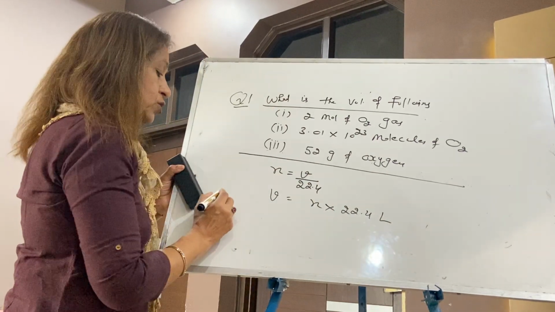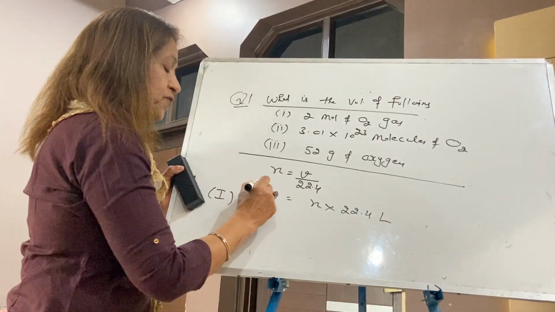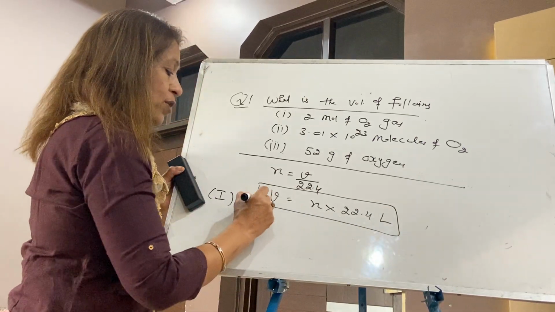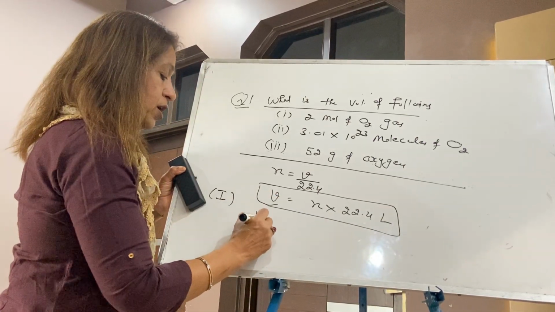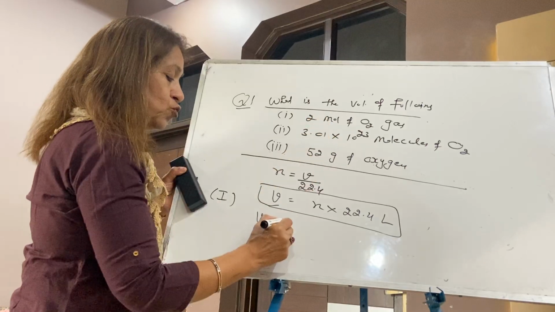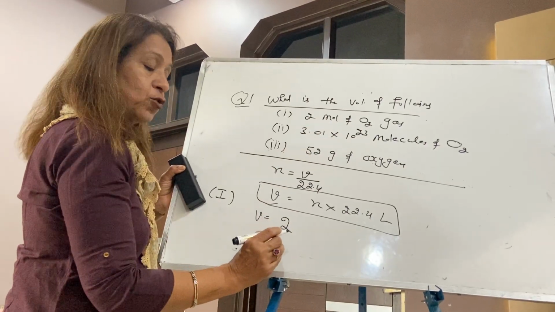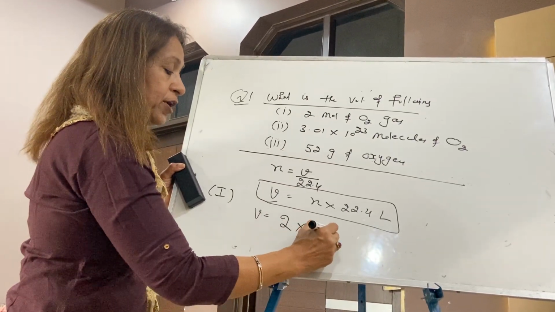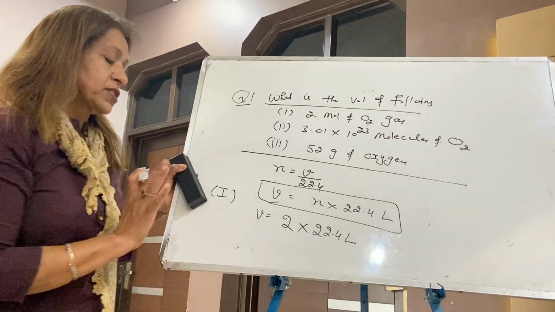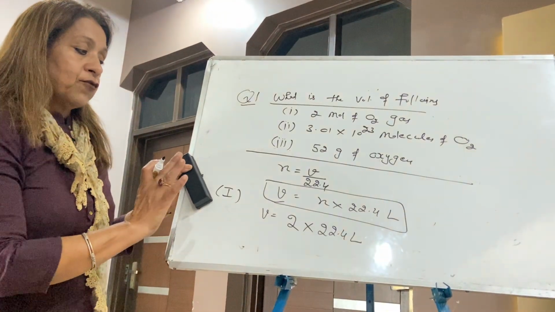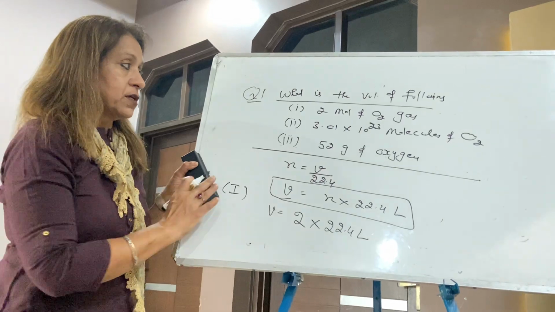Now volume is equal to n, which is 2 mole, so 2 into 22.4 liters. 44.8 liters is the first answer.